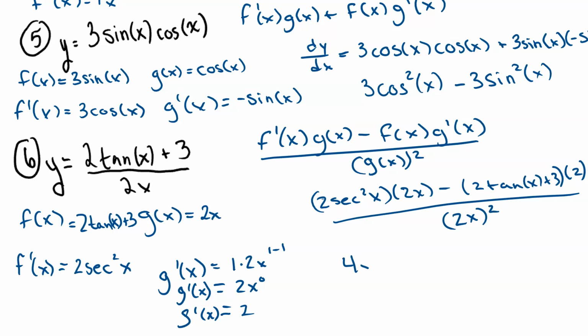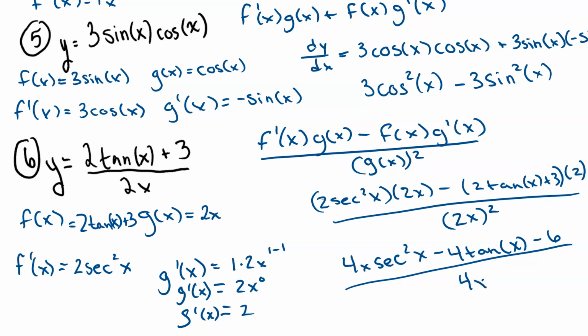So I've got 4x secant squared x minus 4 tan x minus 6 over 4x squared.